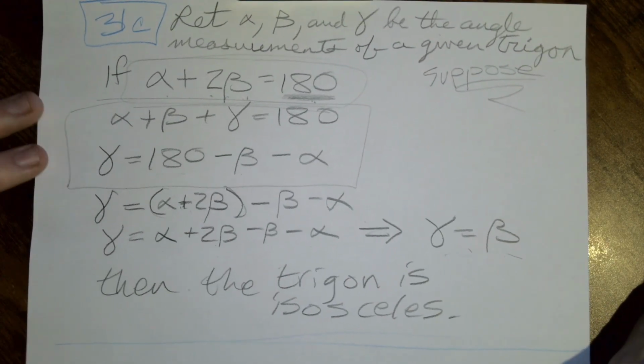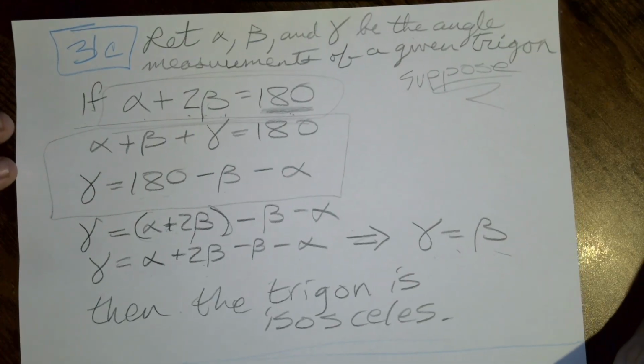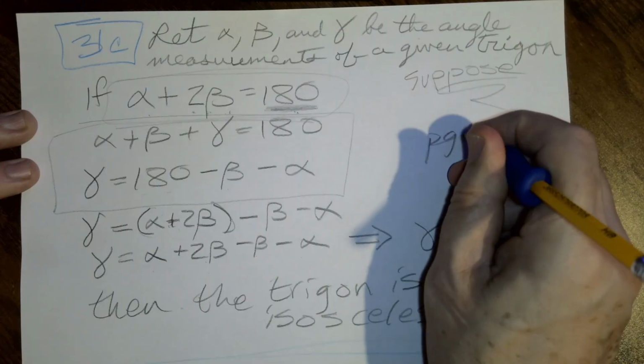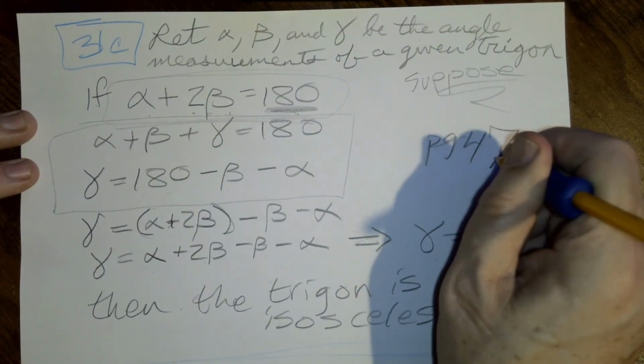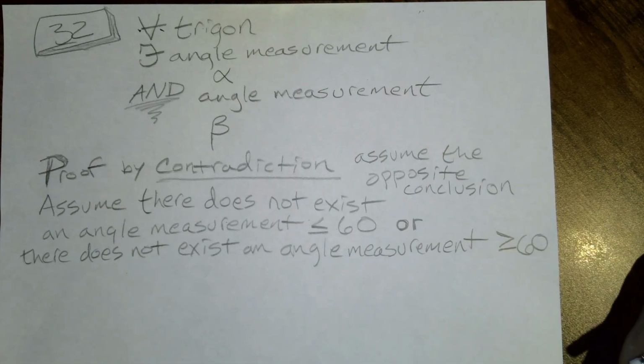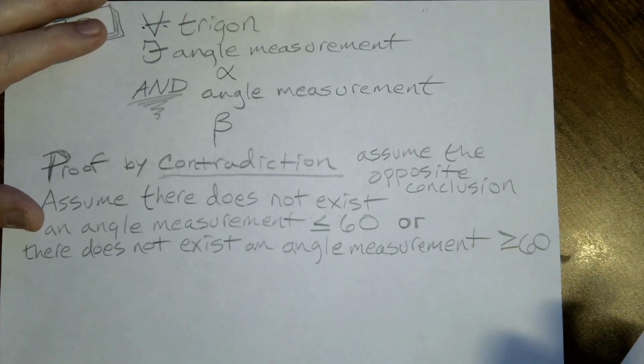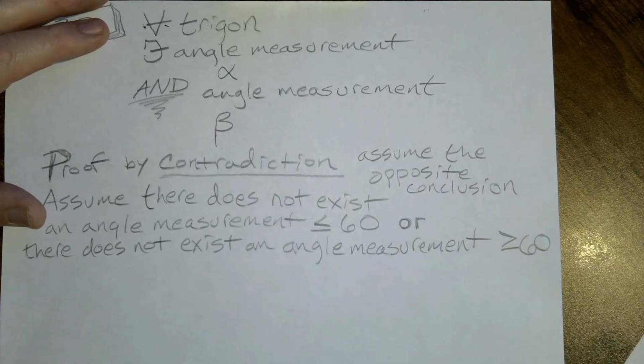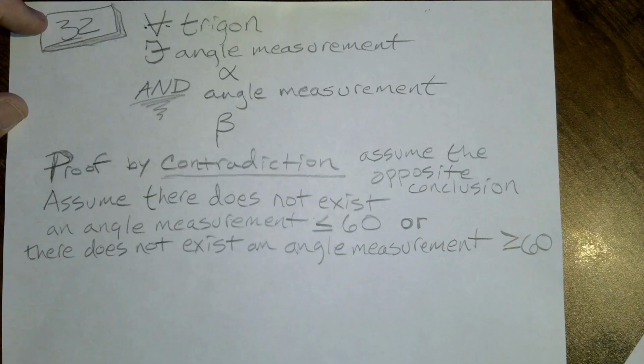All right, that should do it for 31. We're at the top of page 47 now, I think. Okay, moving on to 32. We are to prove that in every triangle, there is an angle whose measure is not greater than 60 degrees and an angle whose measure is not less than 60 degrees.